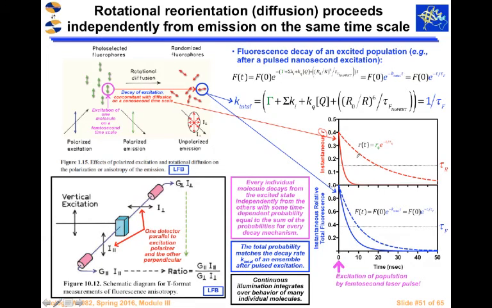So effectively what we're going to be seeing is the instantaneous anisotropy weighted by the amount of fluorescence. At any given time, we will be seeing a given amount of fluorescence given out by the population that was excited at some starting time. If we start at time 0, we have the maximum amount of fluorescence because we have the most molecules in the excited state. As molecules are lost from the excited state, the fluorescence decays.